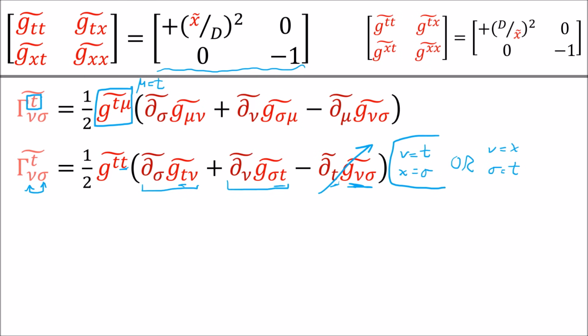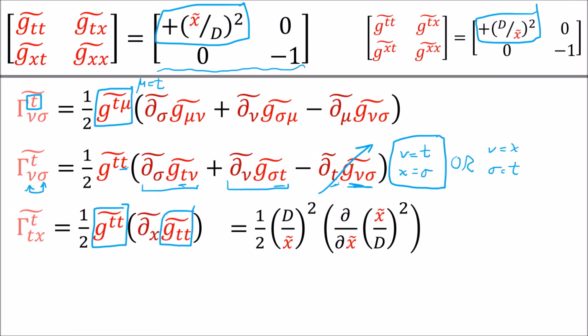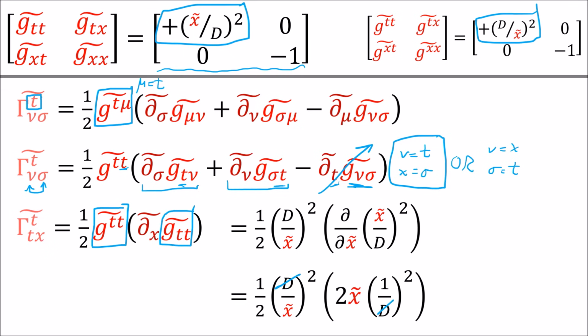Let's use nu equals t sigma equals x. G inverse tt becomes d over x tilde all squared, and gtt is x tilde over d all squared. After taking the derivative, we cancel the d squares, cancel 1/2 with 2, and cancel one factor of x tilde to get 1 over x tilde.